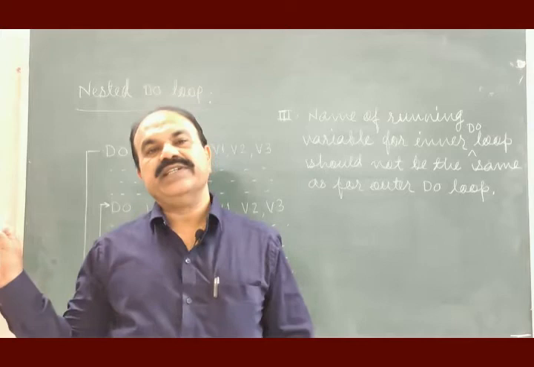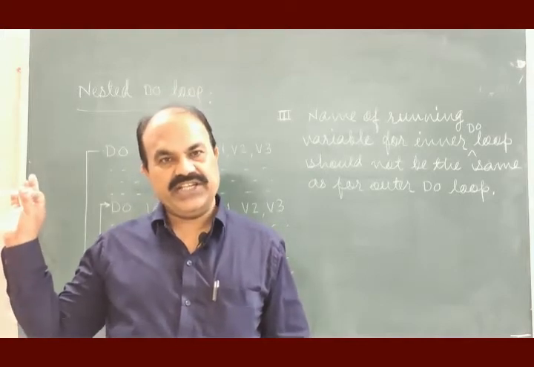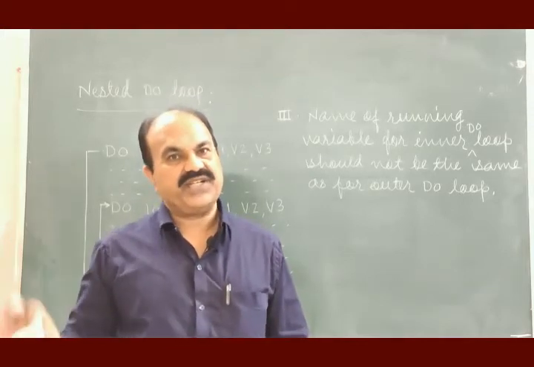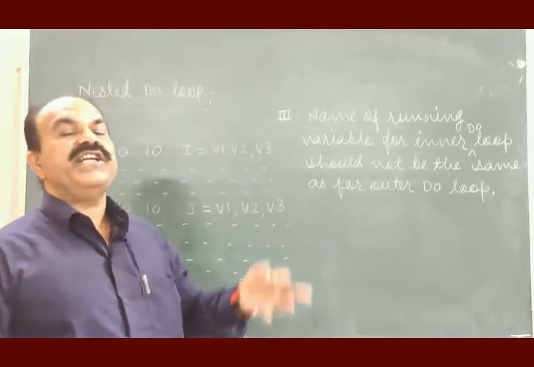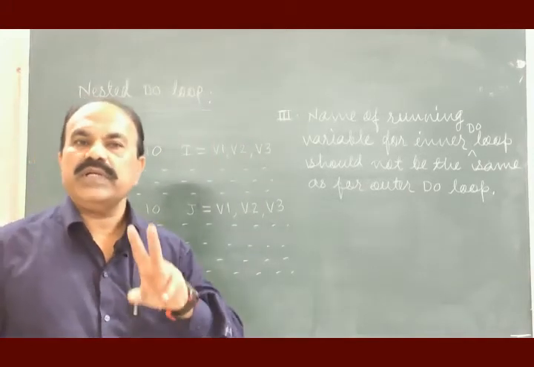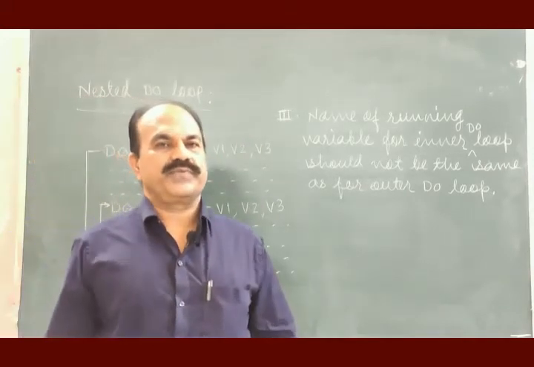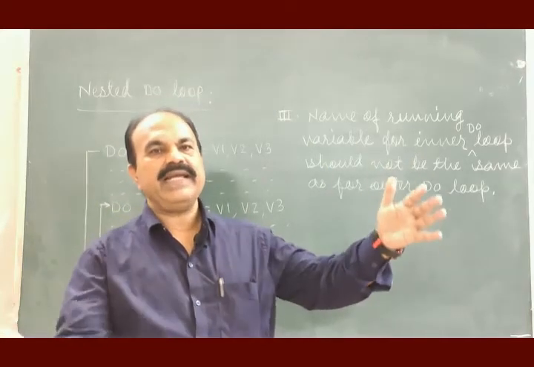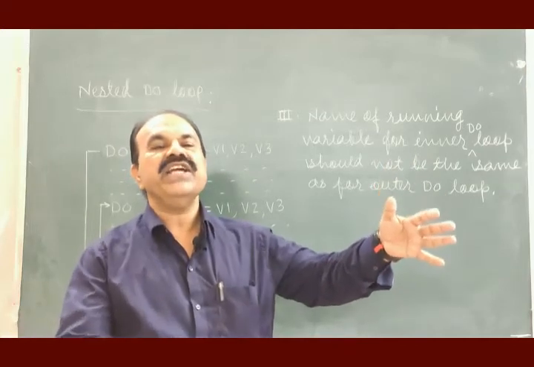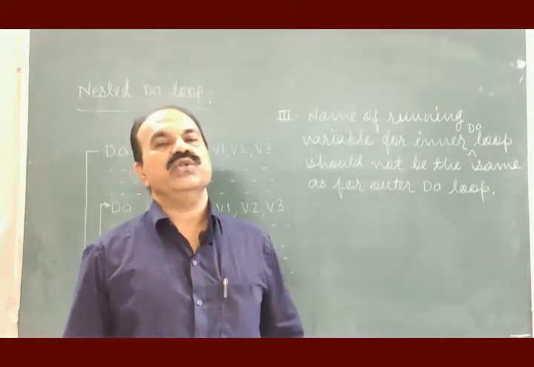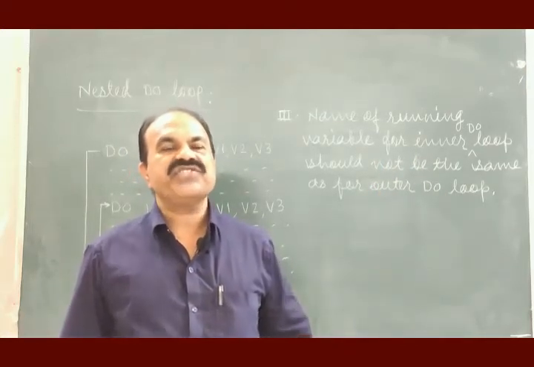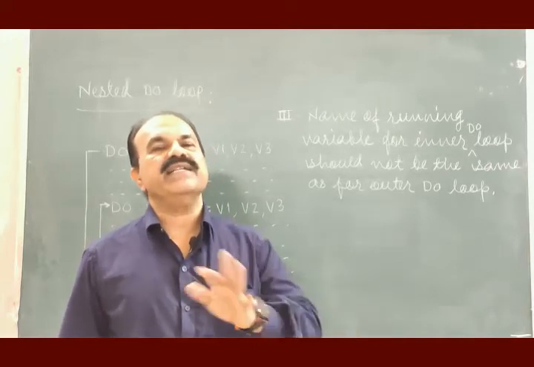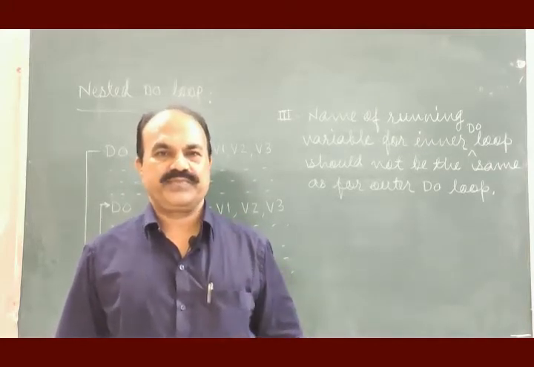In the examples we studied so far in nested do loops, we have taken only two do loops. One do loop is completely enclosed in another do loop, giving us an inner do loop and an outer do loop.